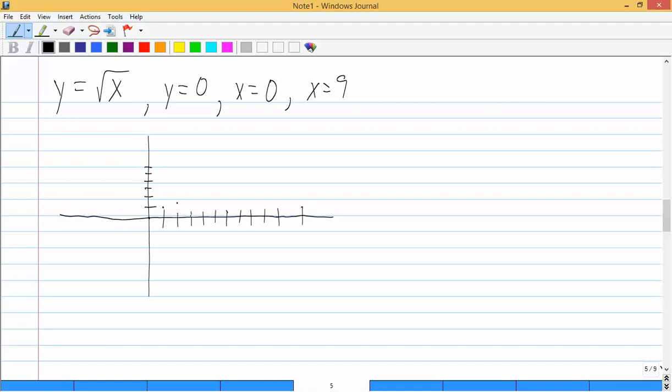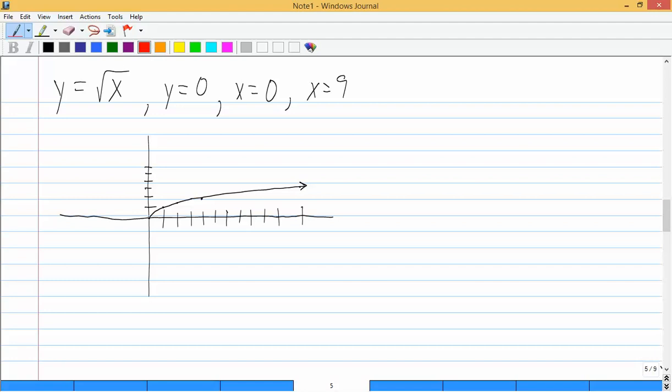If x is 3, we have the square root of 3. And so this is going to increase. I guess we could use some whole numbers to help us that we can take the square root of. Like at x equals 4, we're at 2. And then at x equals 9, we're at 3. So you can see this curve does increase forever, but it increases a little slowly here. Right? So we have that curve.